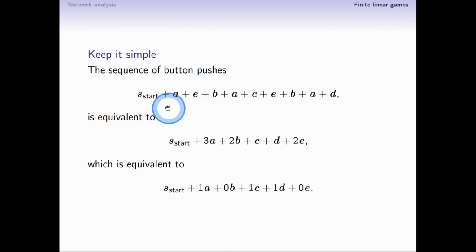And I can imagine having the same effect by taking my initial state vector, hitting button A 3 times, then hitting button B twice, then hitting button C, then hitting button D, and then hitting button E twice. So even though the string came to me in this order, it's equivalent to carrying out these button pushes in this order.